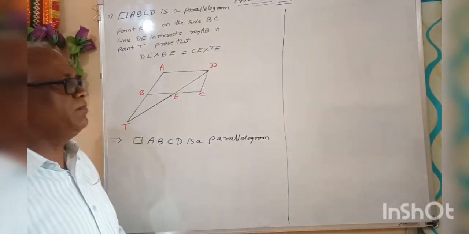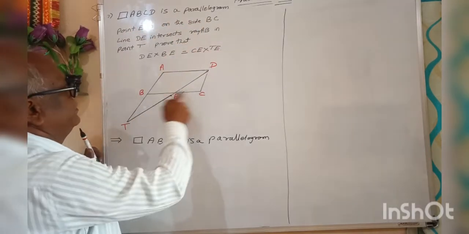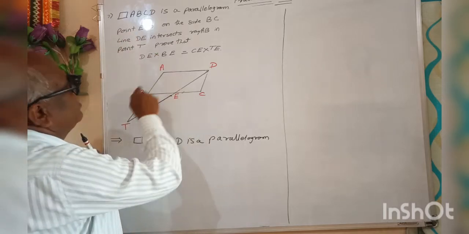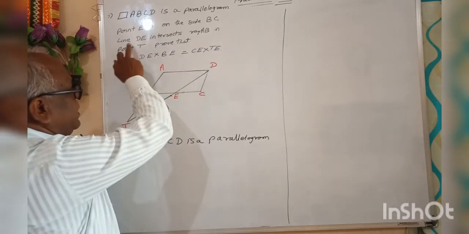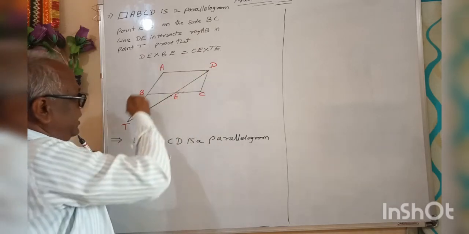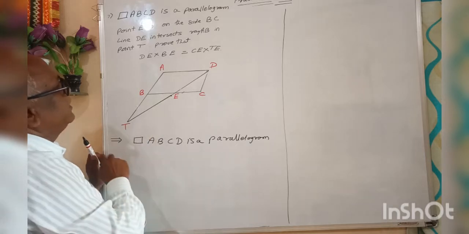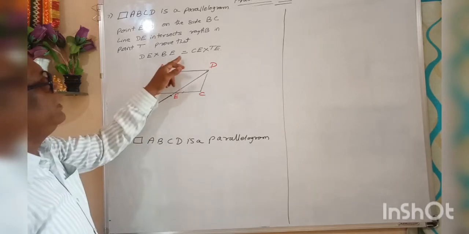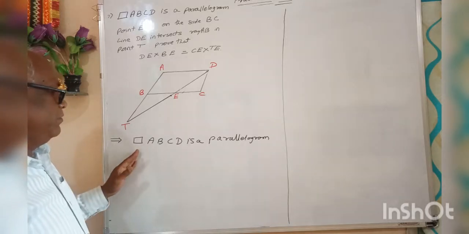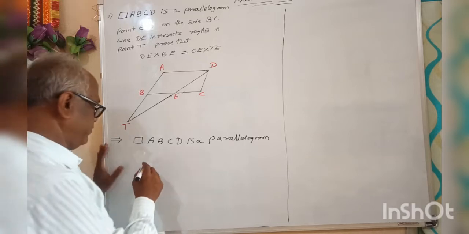Now, seventh example, quadrilateral ABCD is a parallelogram. Point E is on the side BC. Line DE intersects the ray AB at the point T. Then prove that DE into BE is equal to CE into TE. Solution: quadrilateral ABCD is a parallelogram.